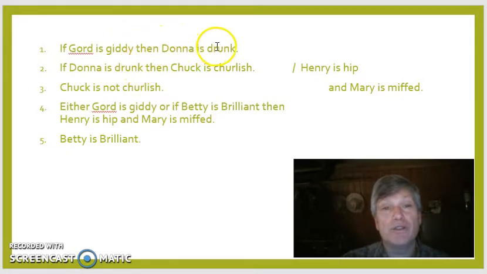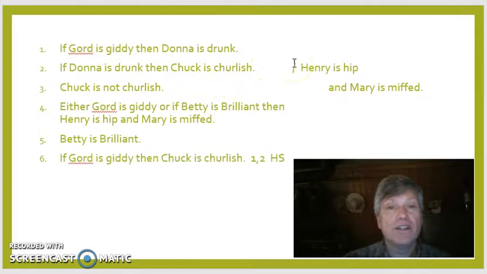Two conditionals, consequent of one is the same as the antecedent of the other. So from those two conditionals, I can infer the conditional that starts with this antecedent and ends with this consequent. So I get if Gord is giddy, then Chuck is churlish.